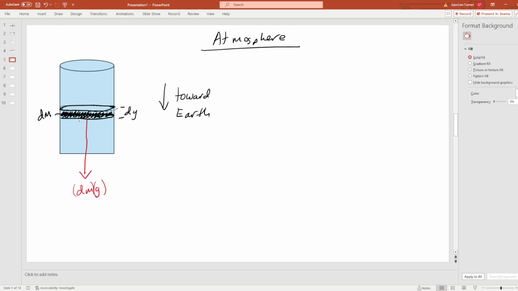And if you think about it, that should make some sense just based on what we just talked about a moment ago. The pressure as you go down toward the bottom of a fluid increases. So my pressure down here is going to be larger than the pressure at the top.